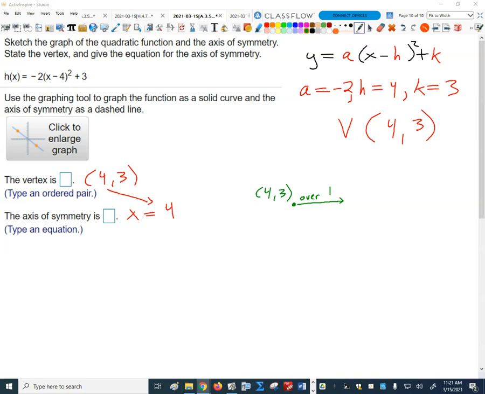normally on my parent function, I would go over 1 and up 1, right? Over 2 and up 4. What am I doing this time? Over 1 and what? If A is -2, what's that mean?